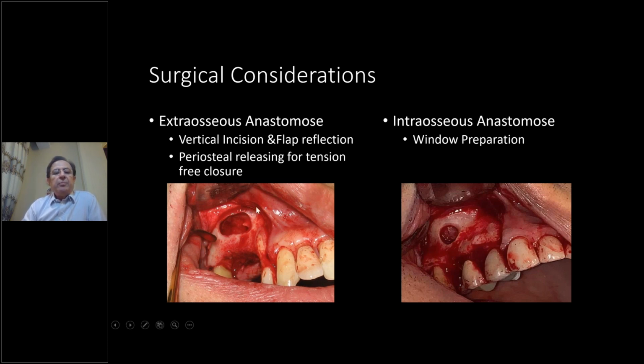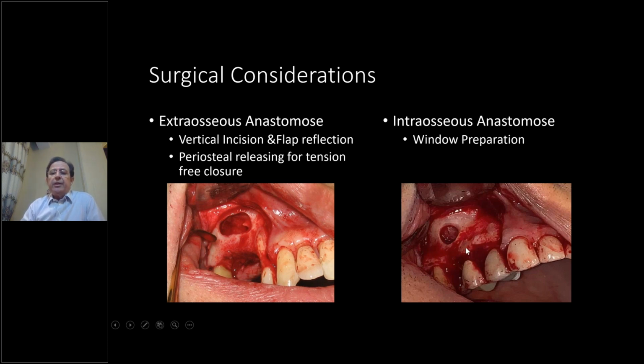But generally, the bleeding from the extraosseous anastomosis is easily controlled with pressure on it. But the problem is when we encounter the intraosseous anastomosis during the window preparation.